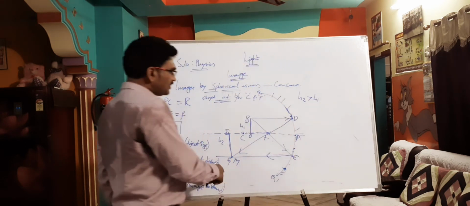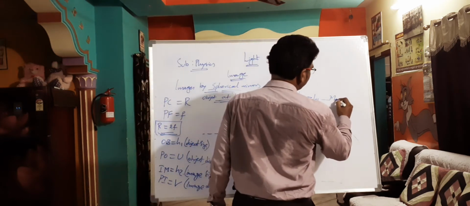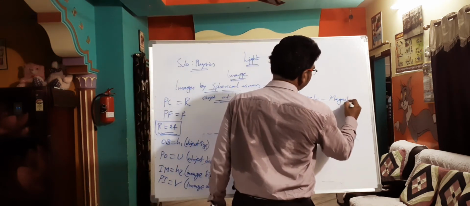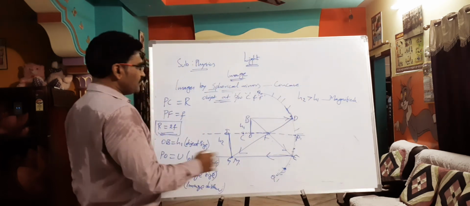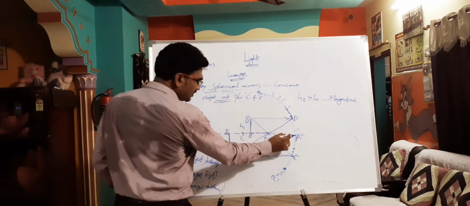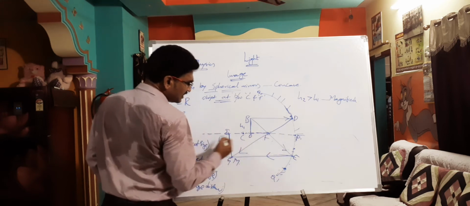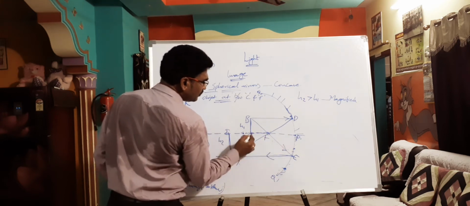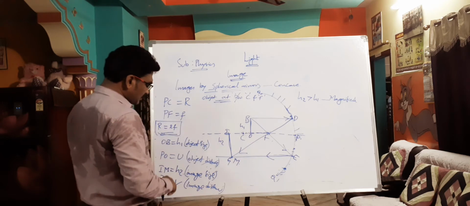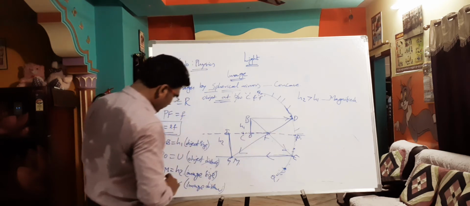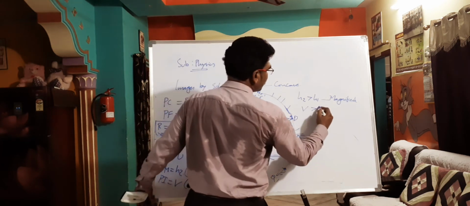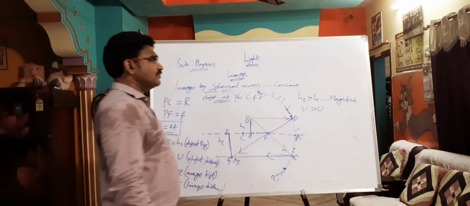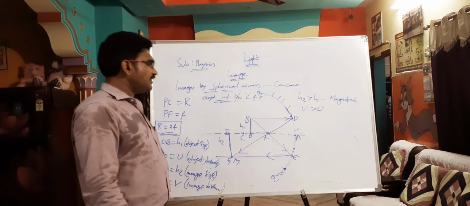When image size is greater than object size, then you can say it is magnified. Even take image distance, from P to I. This distance is greater than object distance, P to O. PO is object distance, PI is image distance. So here V is greater than U, H2 is greater than H1.